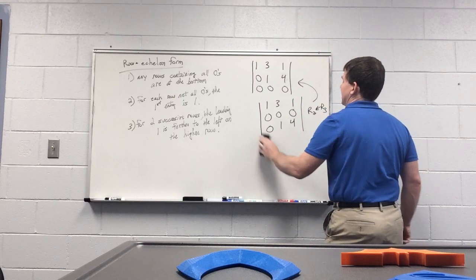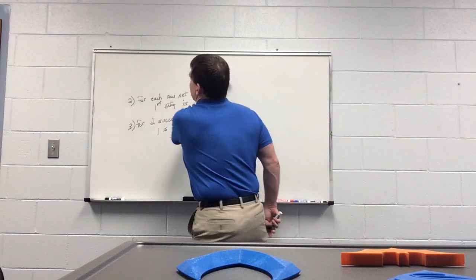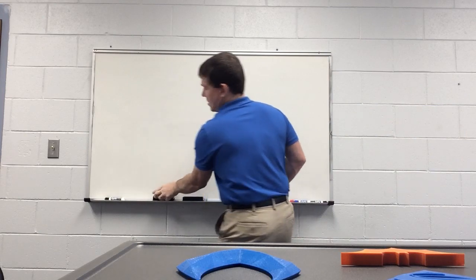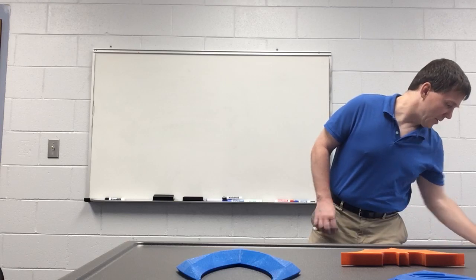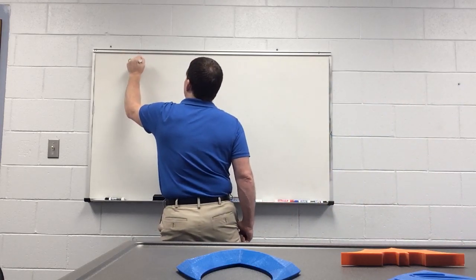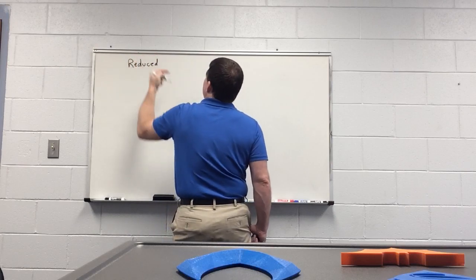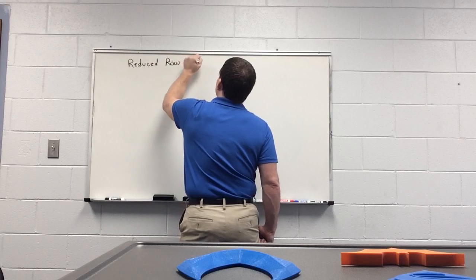So let's see. I have an example. There is also one more note on terminology because we're going to use it. There is row echelon form and reduced row echelon form.